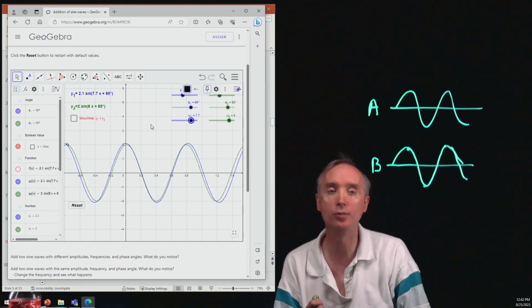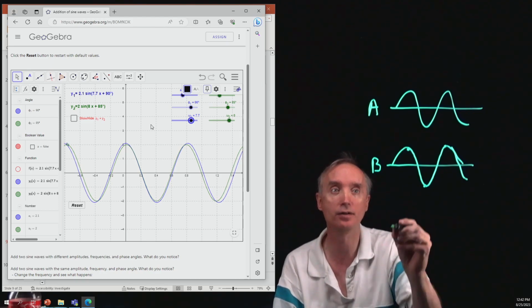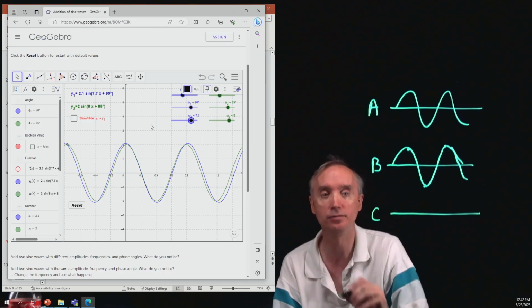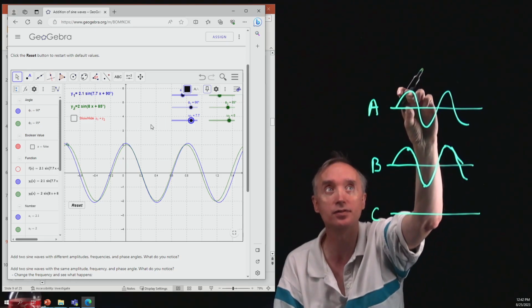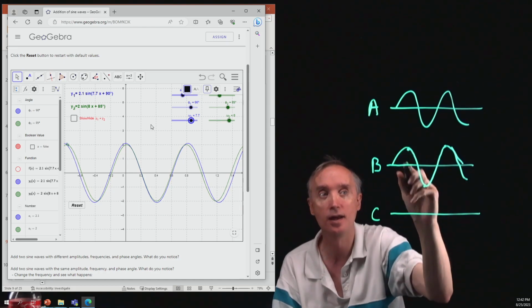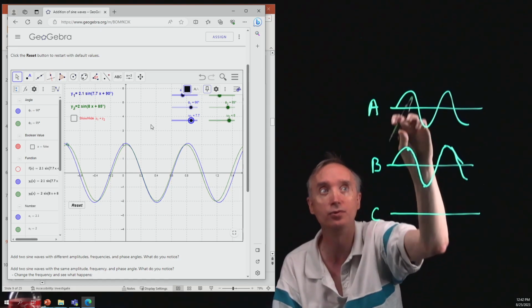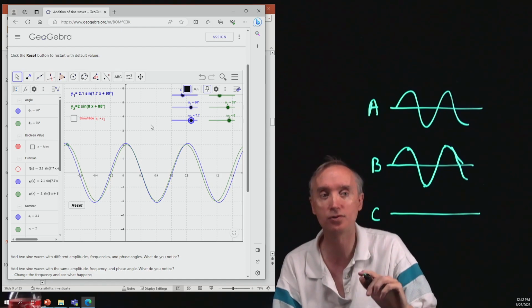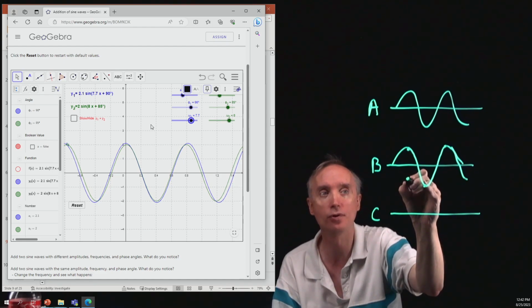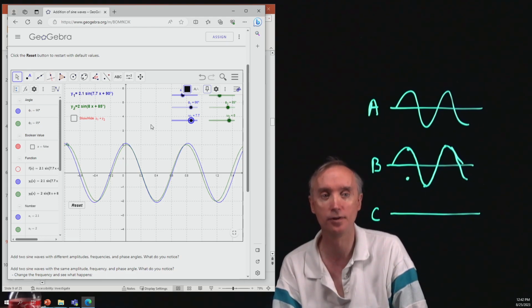Now if we wanted to do it mathematically, we would draw another line, and that would be C. We would measure this distance, measure this distance, add them together, and let's say this one's a 2 and a 2, so 2 plus 2 makes 4. So I would need to go up 4 units to right there.